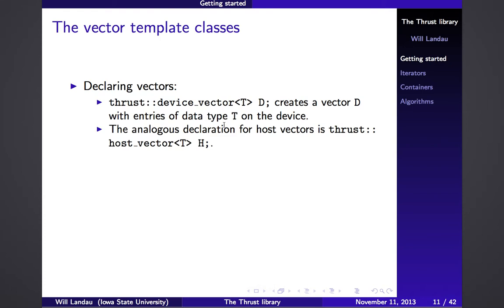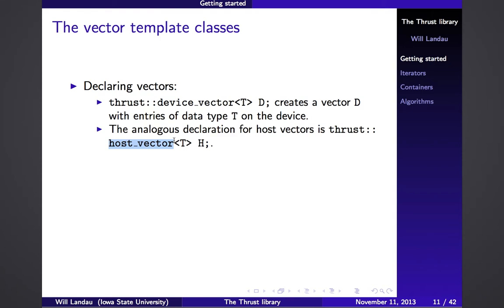There are also host vectors. Device vectors, I don't know if I said this explicitly, but I should have, are on the GPU. They're stored in the GPU, and they can be called with GPU parallel algorithms. The analogous declaration is host vector. A host vector is exactly what it sounds like. It's a vector, but instead of being stored on the device, it's stored on the CPU.